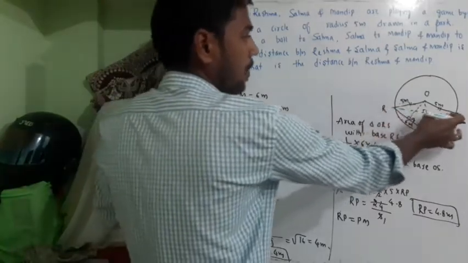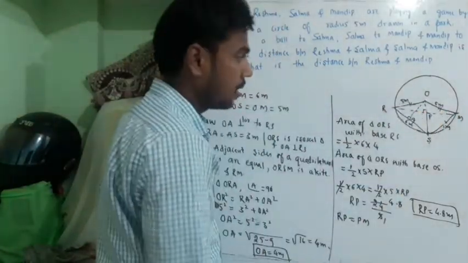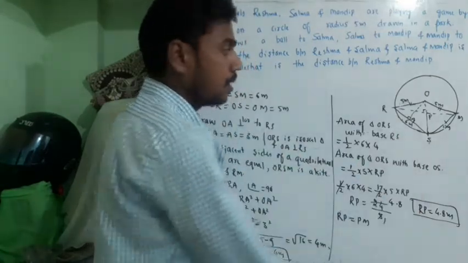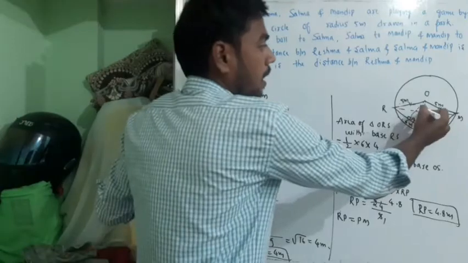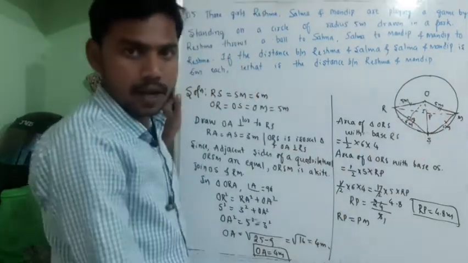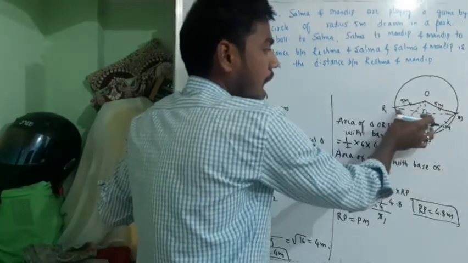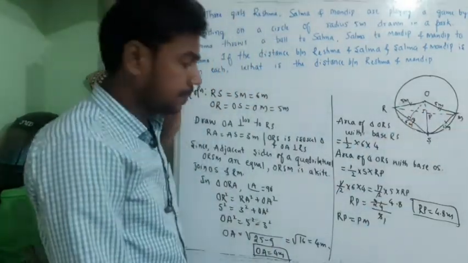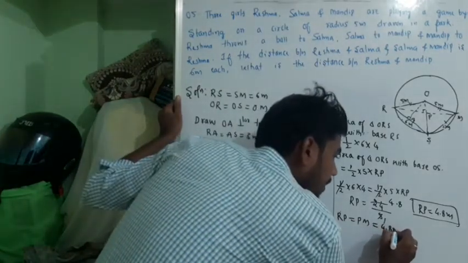RP is equal to PM because this RM is a diagonal and OS is a diagonal, so they are going to bisect at 90 degree and they are perpendicular bisector. Perpendicular bisector means they are going to divide into equal parts, that RP will be equal to PM, which is equal to 4.8 meter.